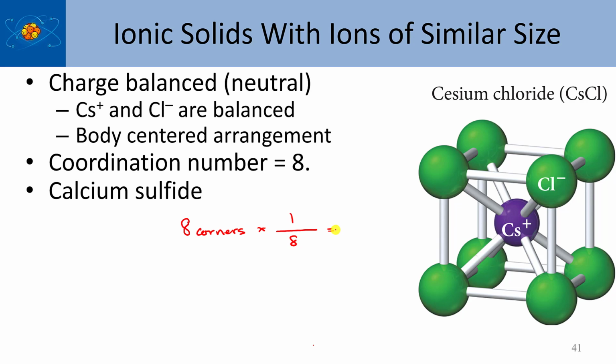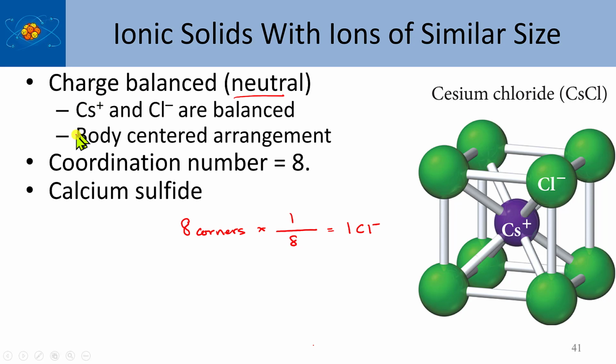So what we end up with is one Cl atom in total in this unit cell. The Cl atom has a -1 charge. The cesium is entirely in the unit cell, so that has a total of 2 atoms in the unit cell. I have a coordination number of 8, but overall the charge is equal to 0. That is, we satisfy the criteria that the unit cell has a neutral charge.